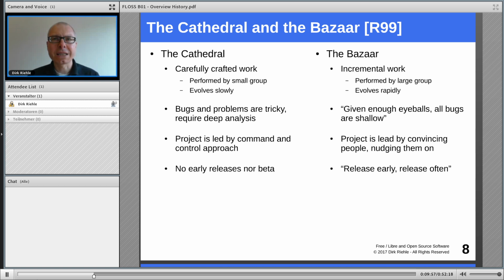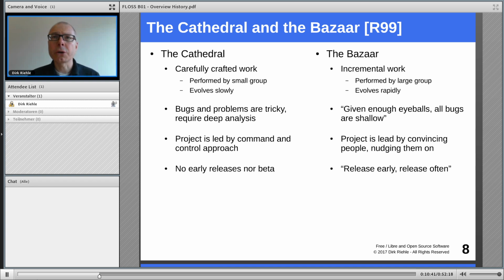He tried to liken the development of closed source software to the building of a cathedral and the building of open source software to the collaboration in a bazaar. So when you build a cathedral, according to Raymond, it's carefully crafted work led by a master designer, etc., while the bazaar is just, to the onlooking eye, maybe an uncoordinated process of various agendas, people performing work, perhaps contradicting each other, but ultimately functioning.